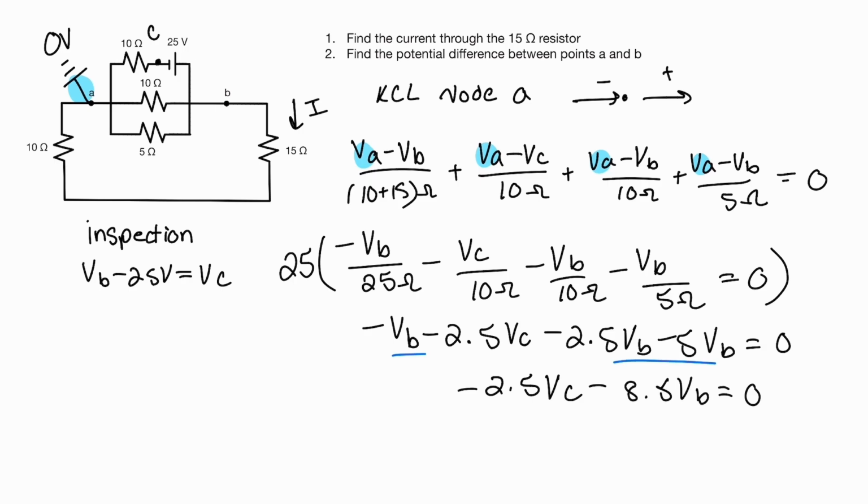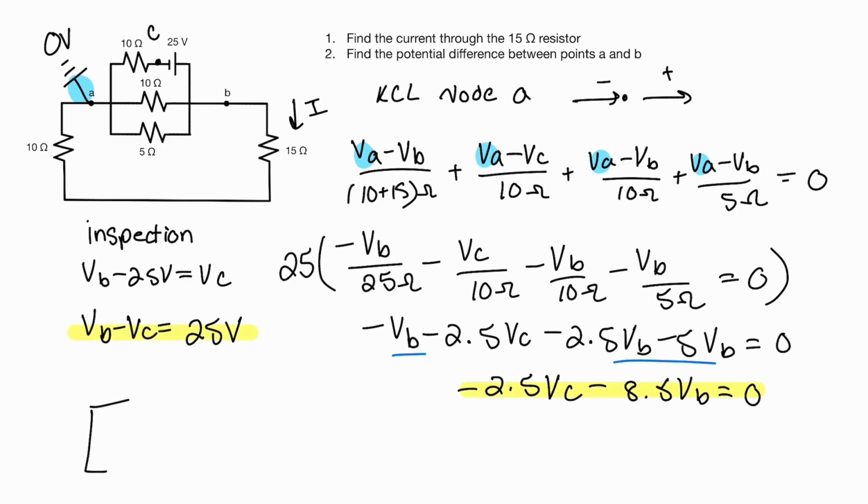And so now we have our two equations. Over here, we have this equation that we just made, and then we have our equation over here, which can also be rewritten as VB minus VC equals 25 volts. So with this, we can make a matrix to put into our calculator.